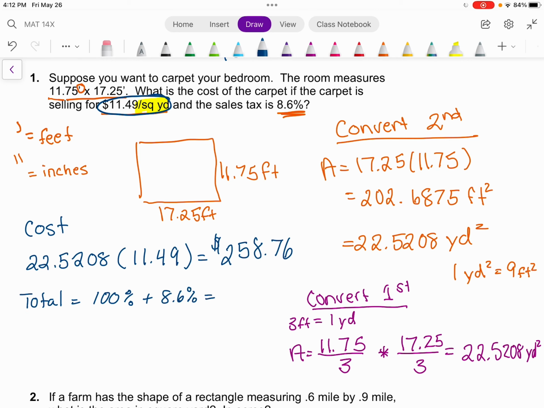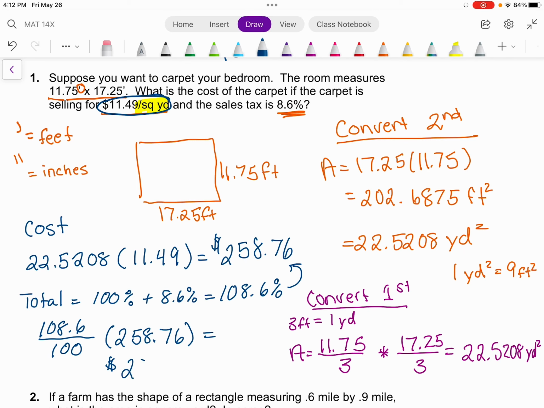So the reality is that I need 108.6% of my original sort of raw price. Well, thinking back to a previous problem where we dealt with percents, a percent is out of 100, so 108.6 out of 100 times the 258.76, and we would get our total cost of $281.02. So that's one option with tax.